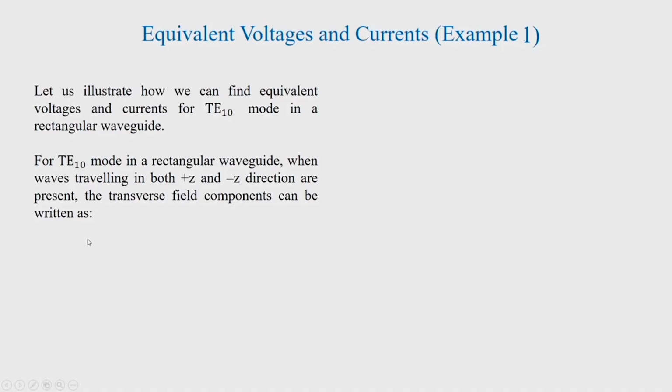For a TE10 mode, when waves travelling in both plus z and minus z directions are present, the transverse field components we can write in this form: A plus sin pi x by a, this is the variation of the field component Ui, e to the power minus j beta z, and this is the wave travelling in the plus z direction, and A minus sin pi x by a, e to the power j beta z, this gives the wave travelling in the minus z direction.